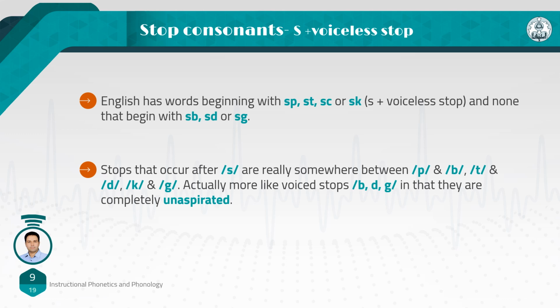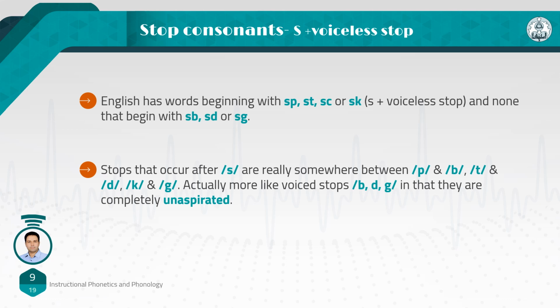So in the previous slide, we had, for example, "pie" and "spy." The thing is that because in "spy," p occurs after the s sound, this p is somewhere between p and b. Actually, it is more like b in that this p in "spy" is completely unaspirated. Or, for example, in "tie" and "sty."